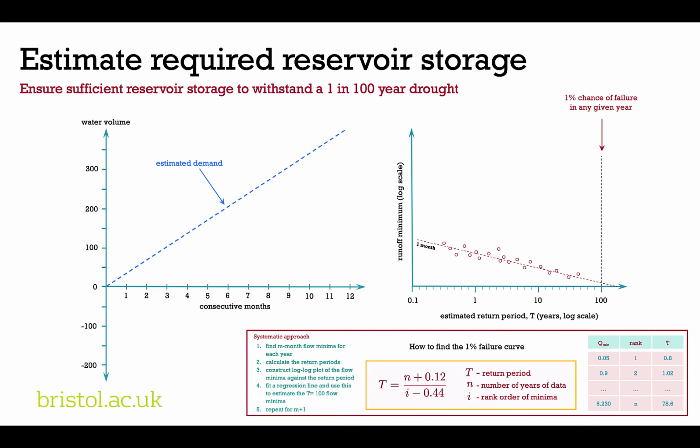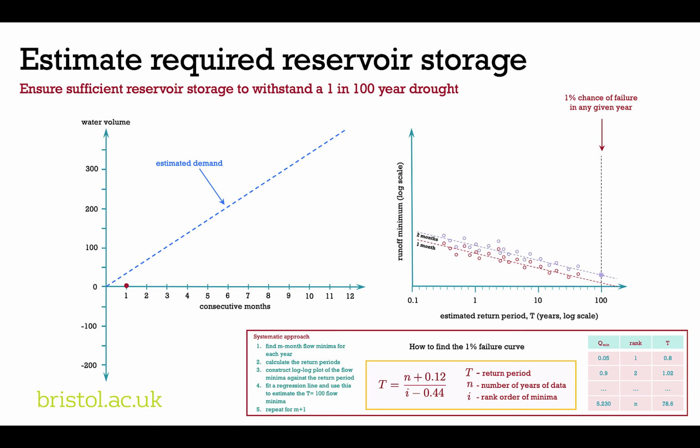Now in reality, you'll do this for the 1 month totals, you'll get the linear regression line, and then that will give you the runoff minimum in terms of the return period t. So then what you need to do is, from that equation, substitute t equals 100 and come up with your runoff minimum value. And once you do that, you then take that and transfer it across and plot it on the water volume plot over here.